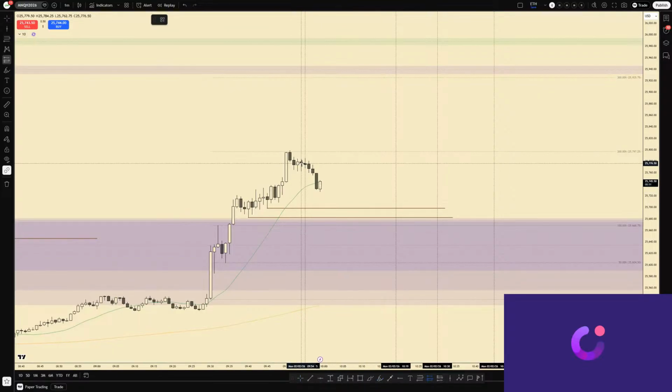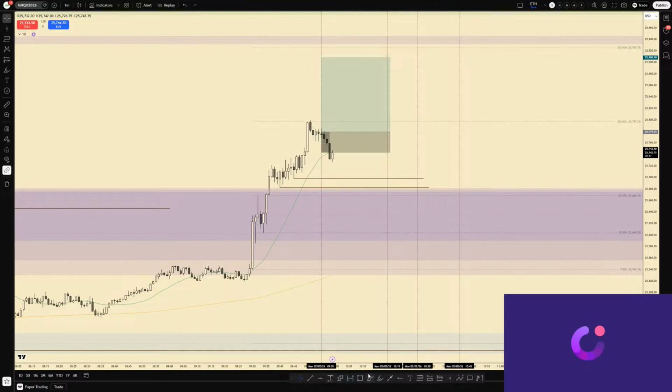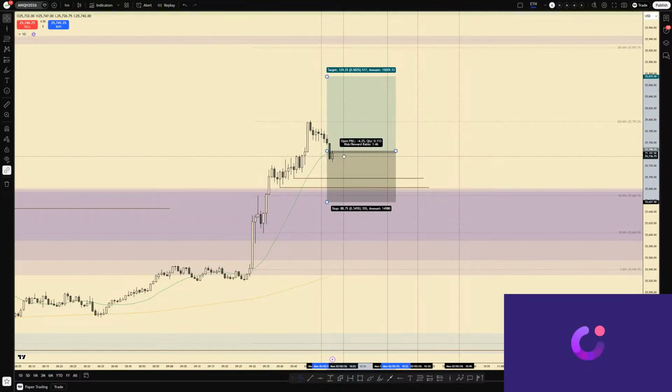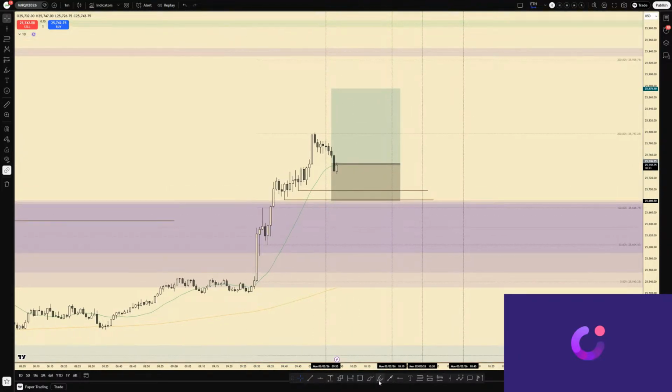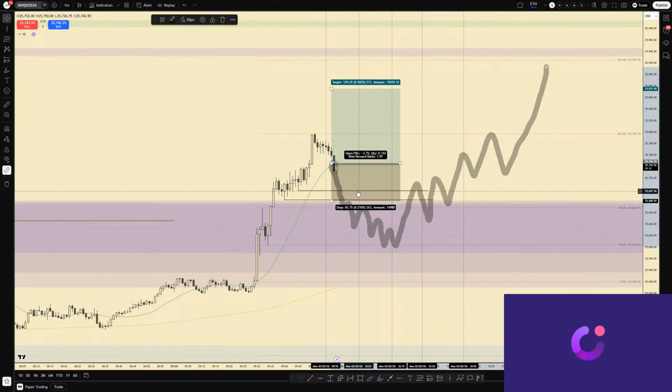I don't want to take long setups like that if I see price action like that, okay? This would still be bullish, but I would end up losing.